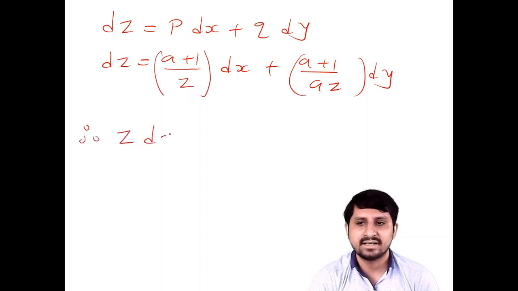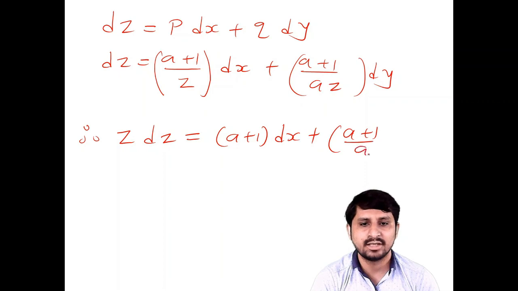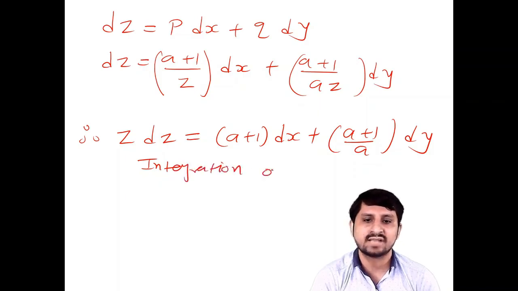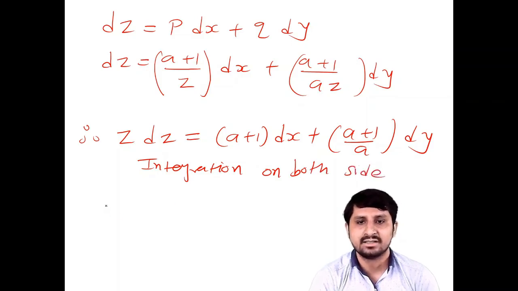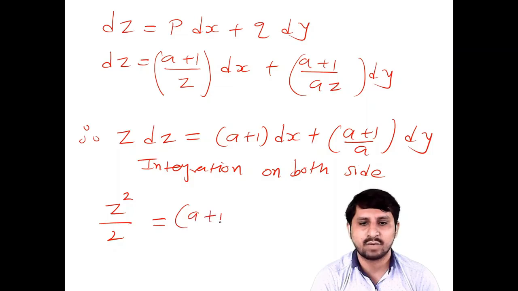So z dz is equal to a plus 1 dx plus a plus 1 upon a into dy, and now integrate on both the sides. On the left hand side we integrate with respect to z, so integration of z is z square by 2, that is equal to the right hand side, integration with respect to x and with respect to y, so a plus 1 into x plus a plus 1 upon a into y plus b.